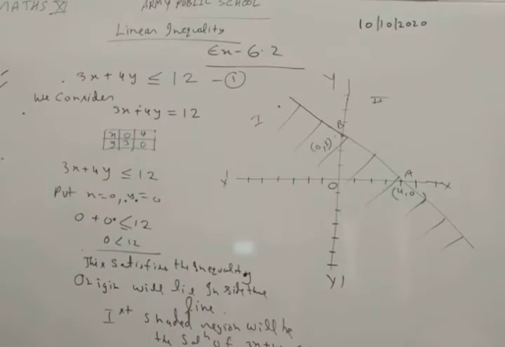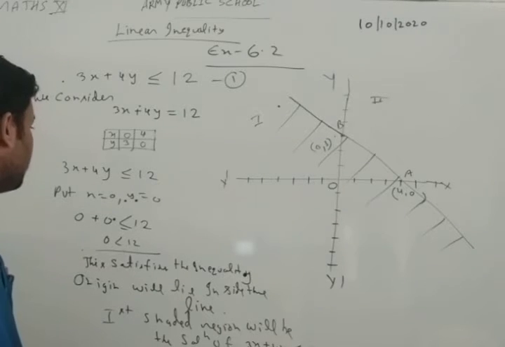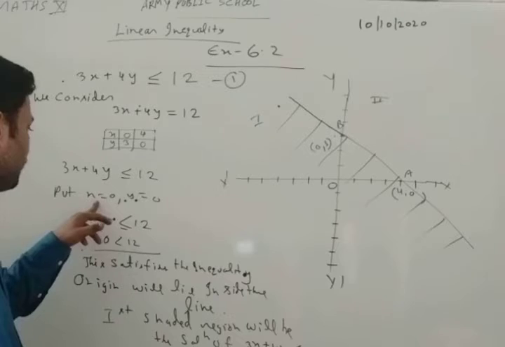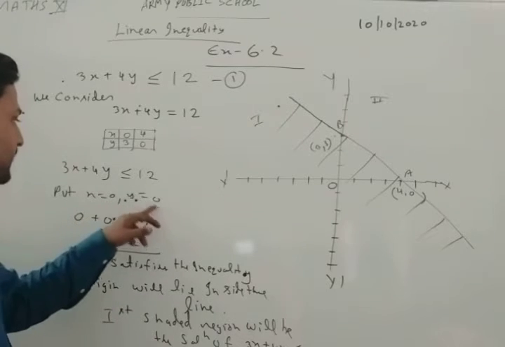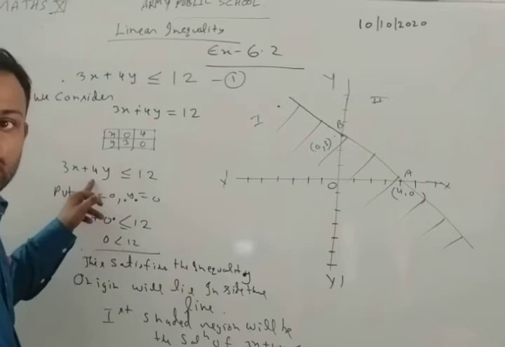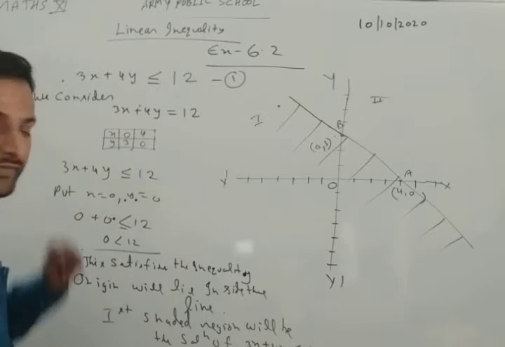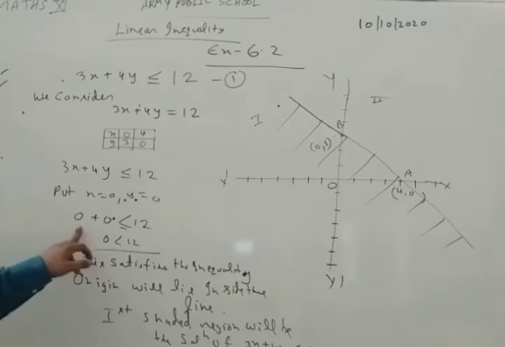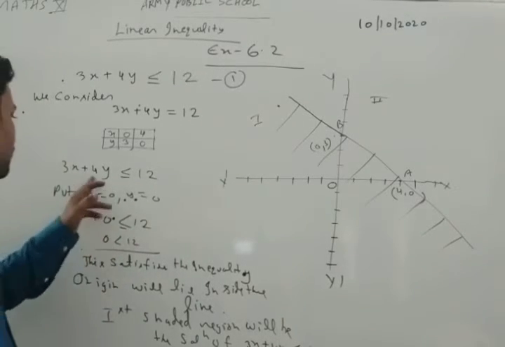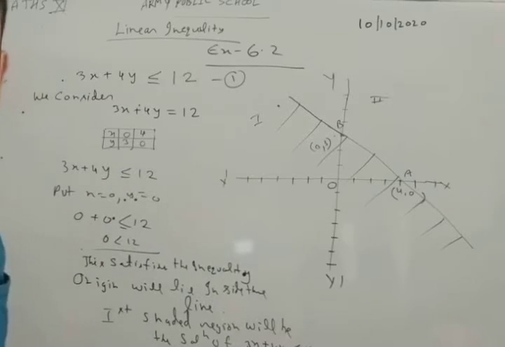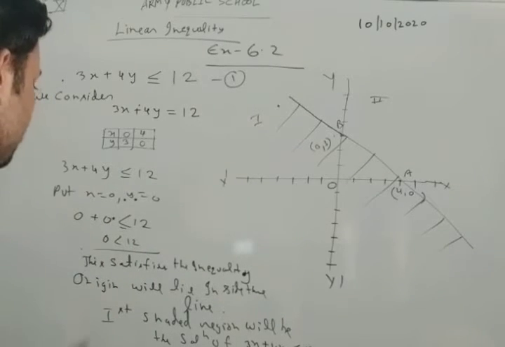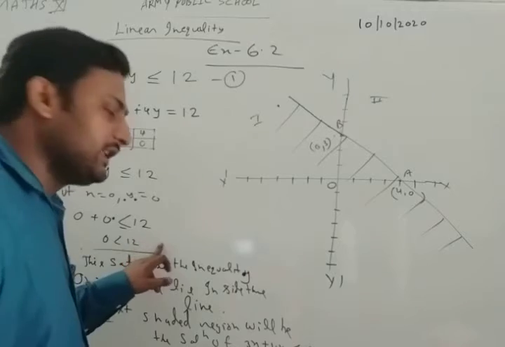Now we will check where the origin will be lying. We put x equal to 0, y equal to 0 in the inequality. What we get is 0 is less than 12. So we are seeing that the origin satisfies the inequality.